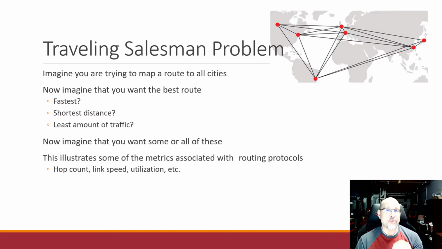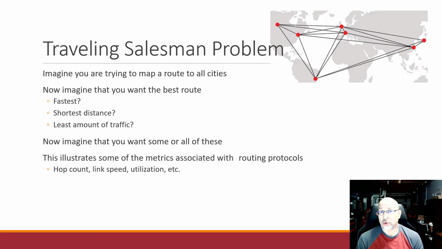So remember that a router is trying to take a look at the network from its perspective. And so you're trying to develop this picture of how to get to all these destination networks from where you are. And then, of course, if you're a different router, you have a different perspective. And so if we try to get to all of these cities or all of these destination networks, what we're trying to figure out is, well, what's the fastest way there?